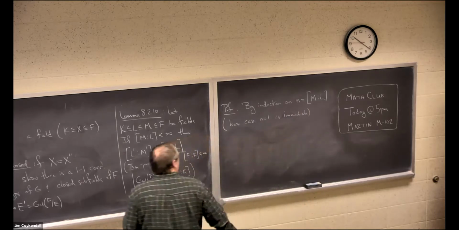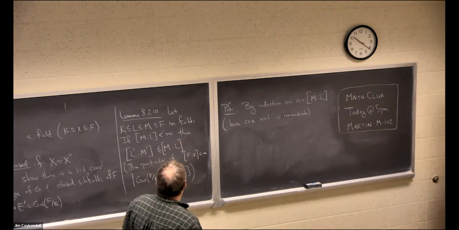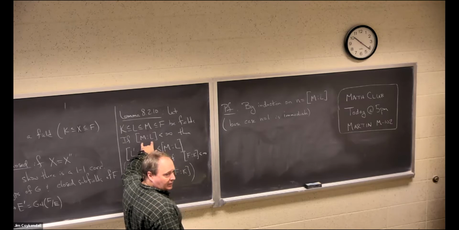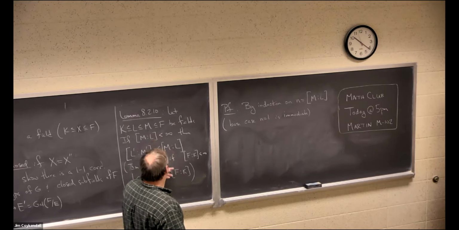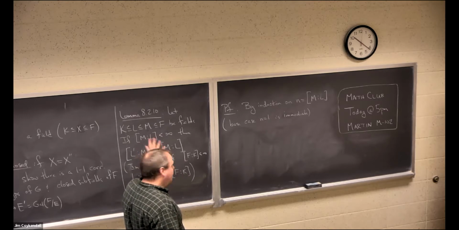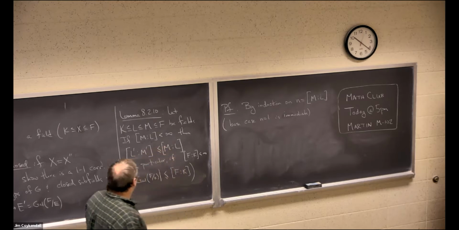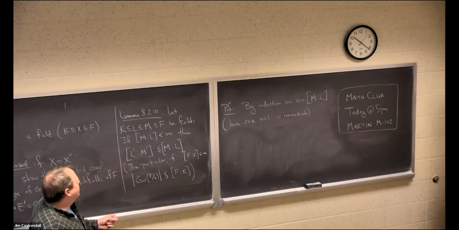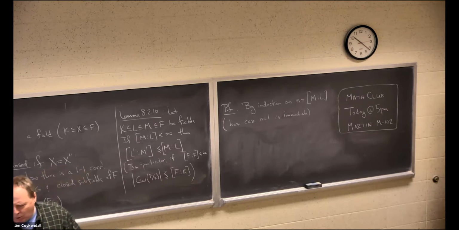The base case is immediate, because if the degree of M over L is 1, because of this containment, that means that M and L are the same thing. And so in fact, you've got an equality here, right? Because M and L are the same. So no worries there. What I'm going to do in this induction also is simplify this problem, reduce this to a simpler case.